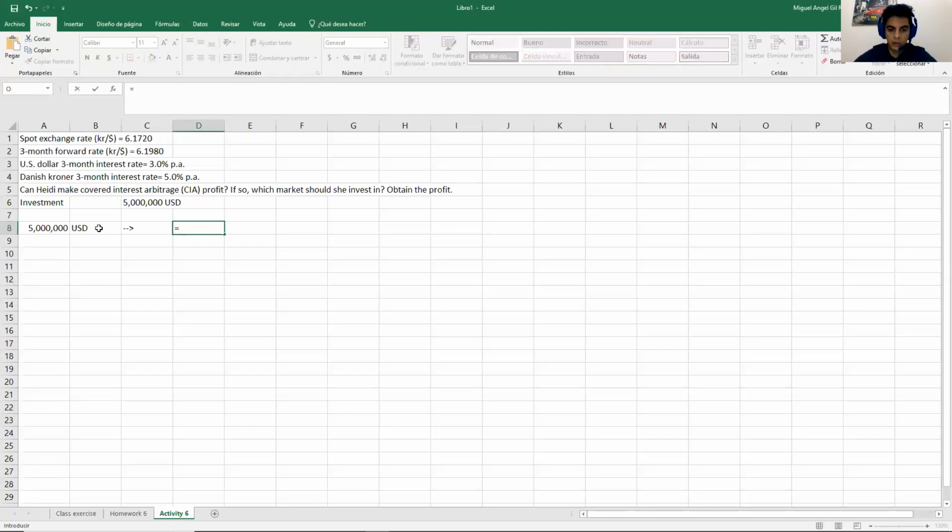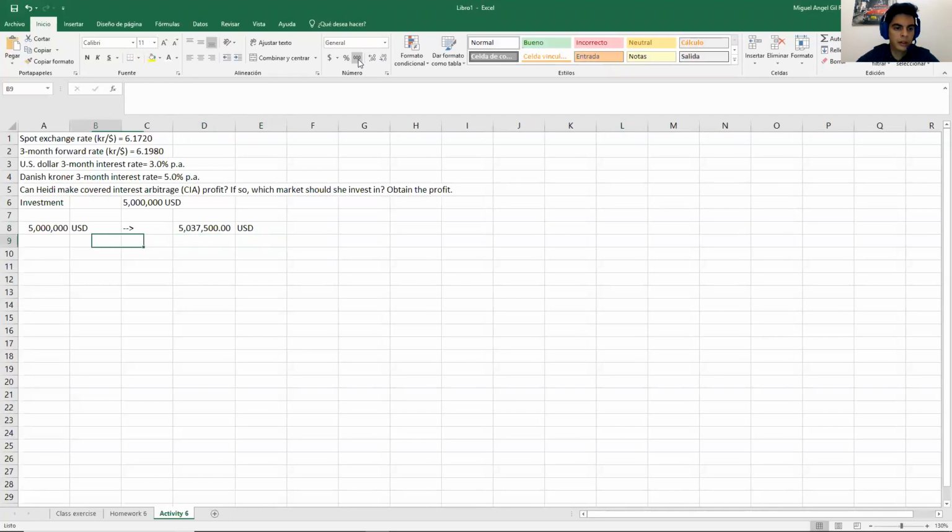So how do you do that? With the future value formula, it will be 1 plus the American rate, which in this case is 3%, so 0.03, multiplied by the time frame, which is 3 months, so 90 over 360. This is the amount of dollars that you can get if you stay in the US.